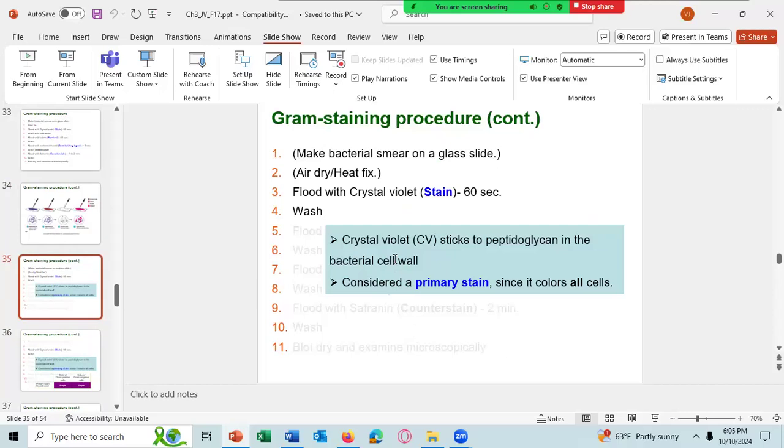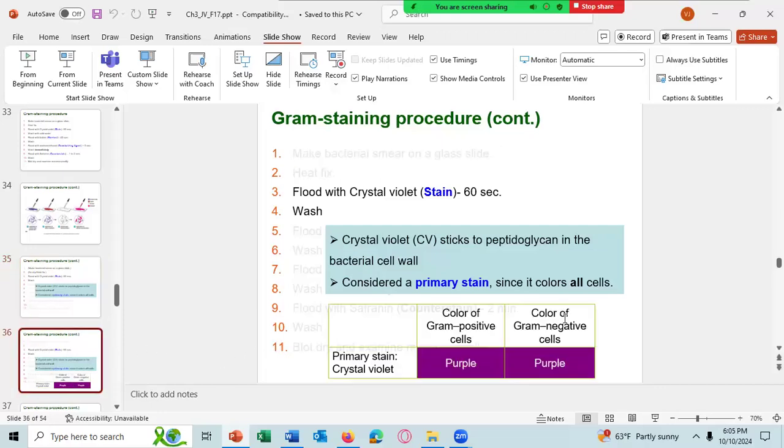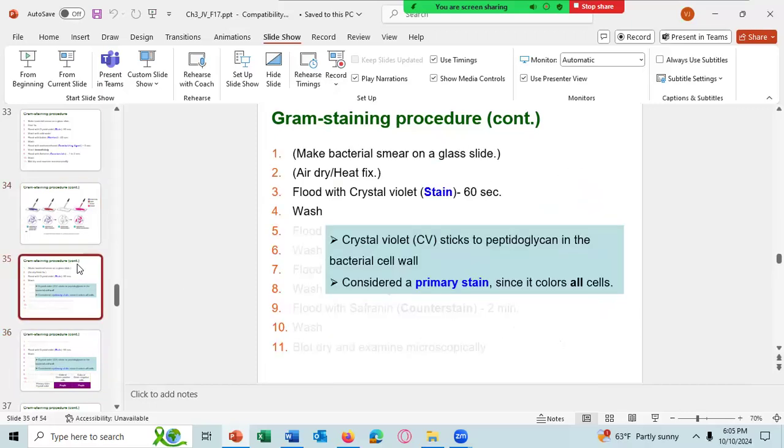And then when you dump the crystal violet iodine off, you wash off most of the cells. And then in your next step, when you're washing the slide with water, you'll definitely wash off all the cells. So you must have the bacterial smear air dried and heat fixed before you can do the Gram stain. Any question about any of that?